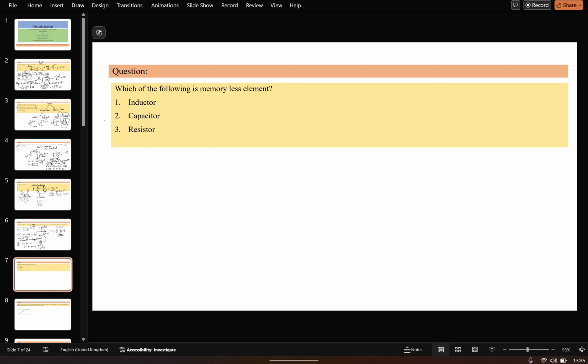Okay, let me give the solution for this question. It was asking which of the following is a memory-less element.